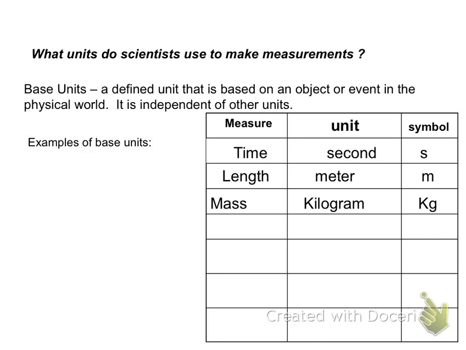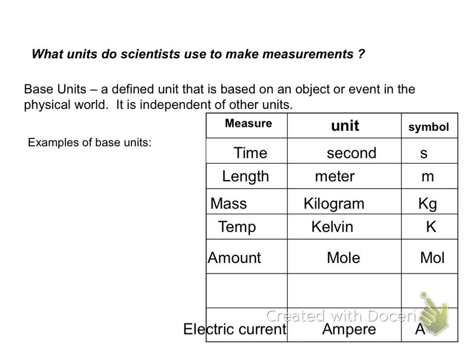Then we have the kilogram for mass, which is kg. We have temperature in degrees Kelvin. Note that there is no degree sign in front of the K. Amount in moles, and the abbreviation for mole or moles is mol.